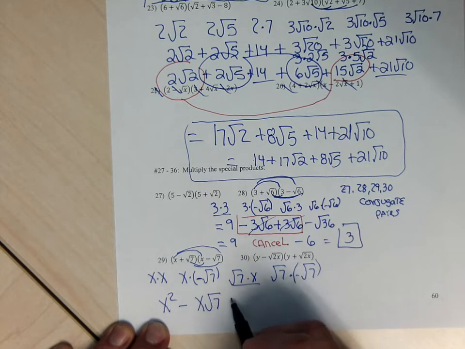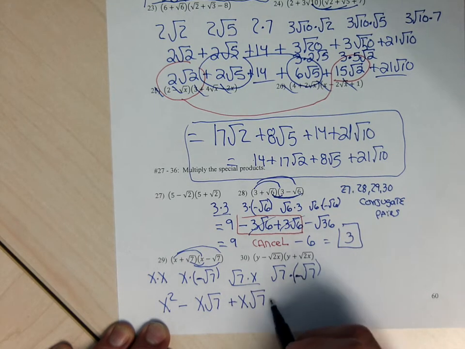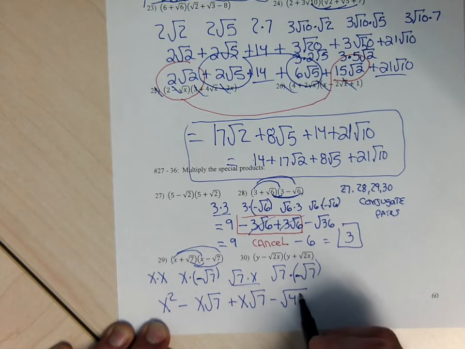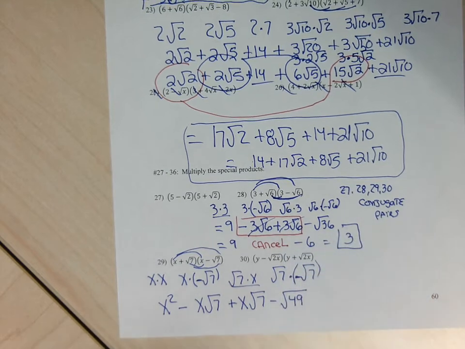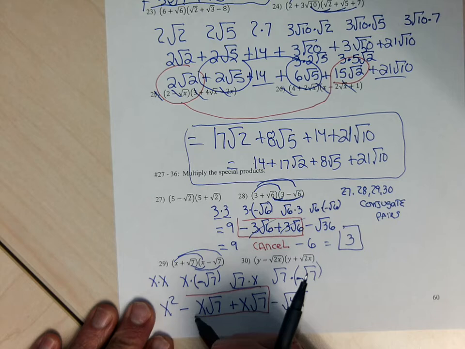Third multiplication, they're both positive, so I'll put a plus. The x is going to be outside the radical, the 7 is going to be under the radical. Last multiplication, positive times a negative is a negative. Both the 7's are under the radical, so I'm going to multiply them. And because these are conjugate pairs, I really don't need to do all 4 multiplications.